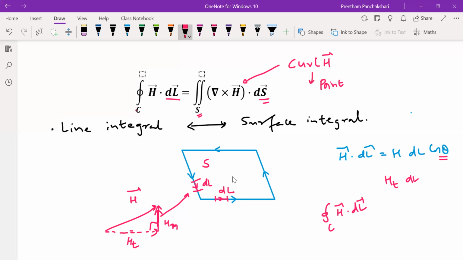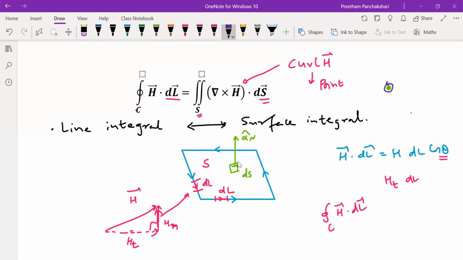So in this surface area, we have to start with a small differential area ds, whose direction is always perpendicular to its surface plane. So that is the ds vector. The curl H is a circulation or revolution or rotation of a vector field around a point which is defined by ds.